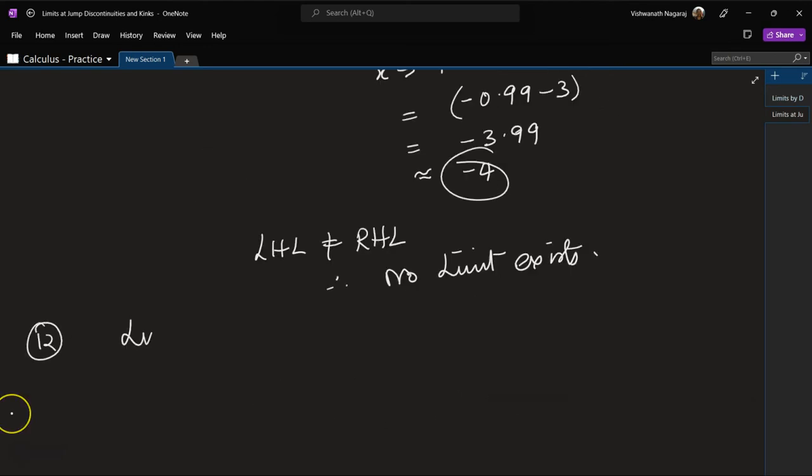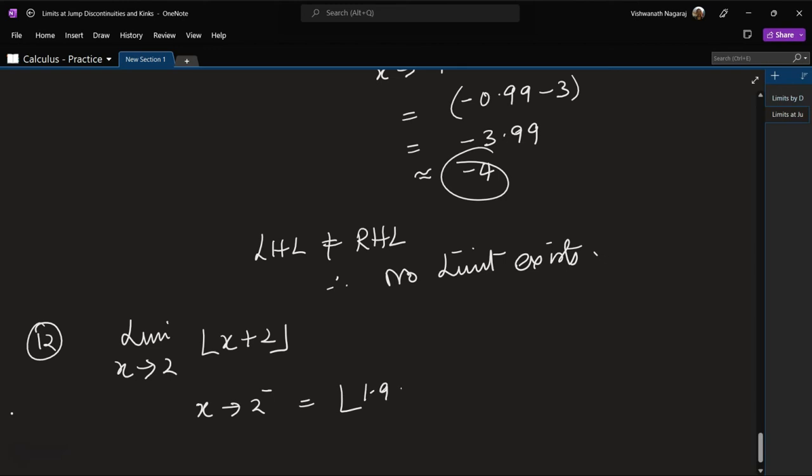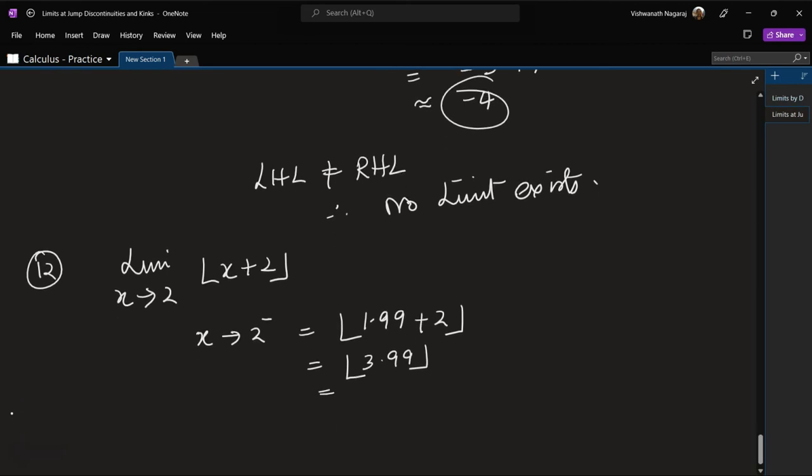12th one, limit as x approaches 2 of x plus 2. Again, no direction specified. So as x approaches 2 from the minus side, in that case, let's take a value 1.99 plus 2, which is equal to 3.99, which is approximately 4.